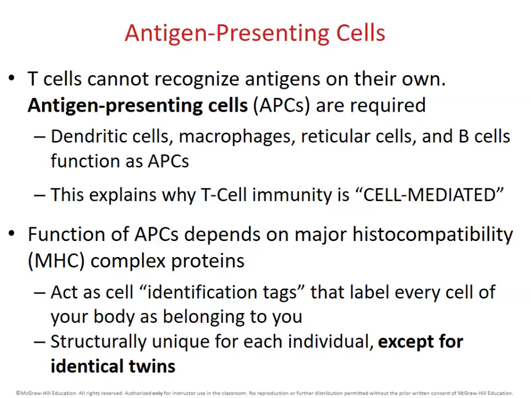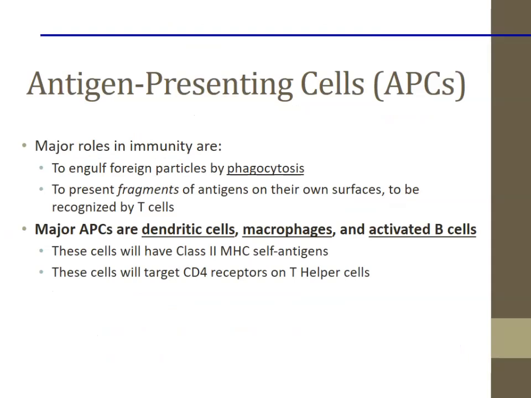So again, we're mentioning MHC complex proteins, acting as an identification tag that labels all your cells. So all cells will have class 1 complex proteins. Only these cells, the APCs and B cells and phagocytes, will have class 2. This is just the same old thing.